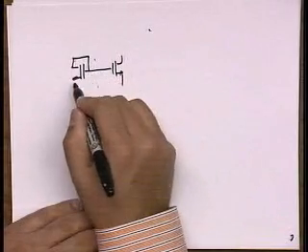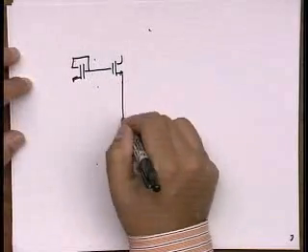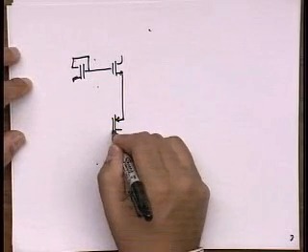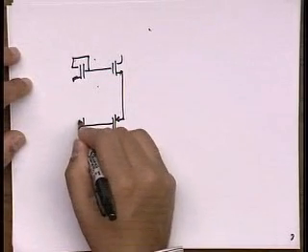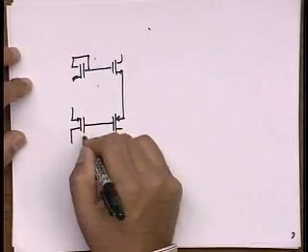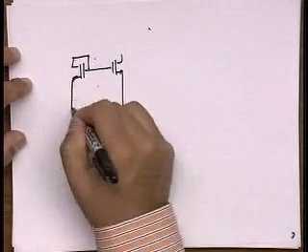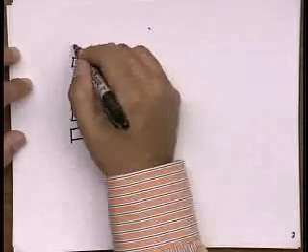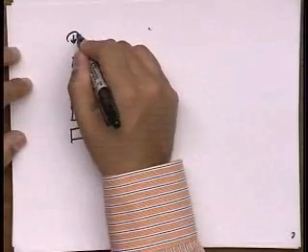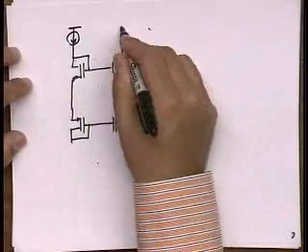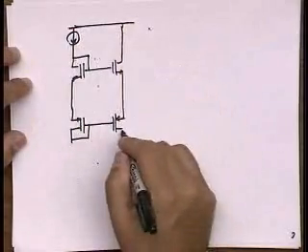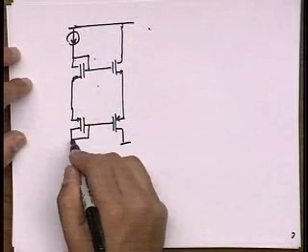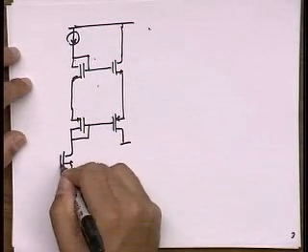So here's a diode connected transistor. Here's another diode connected transistor. Let me bias them up with some current. And maybe I drive my output through this transistor here.